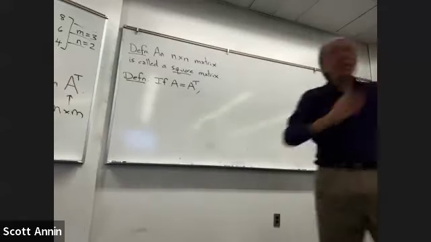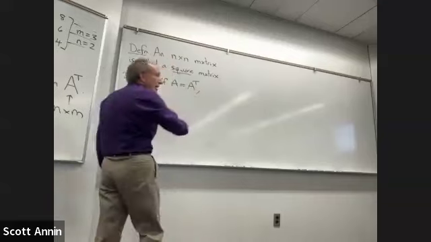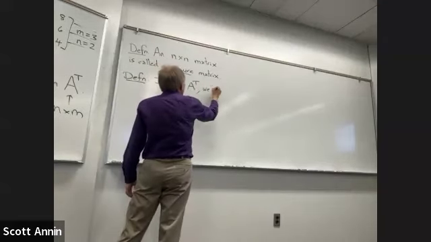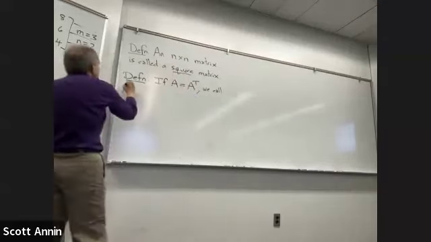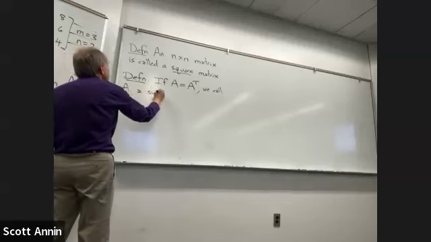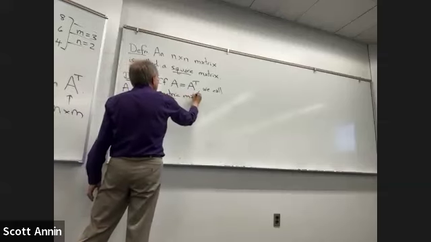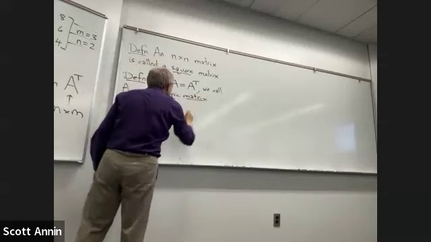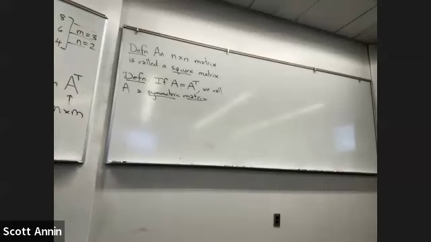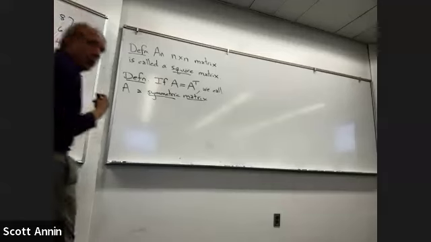But if we have a square matrix, and if A is equal to A transpose, then we call capital A a symmetric matrix. A symmetric matrix is one where A is equal to A transpose.